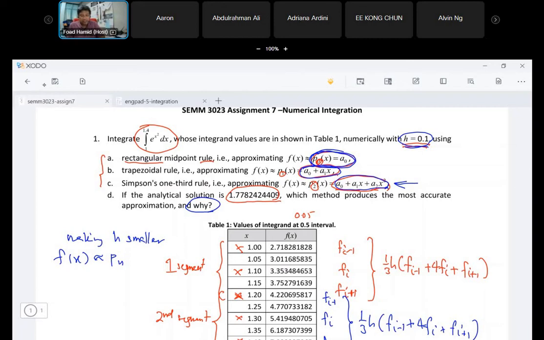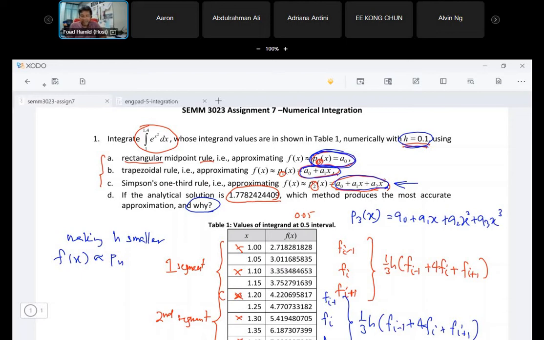Of course, in your textbook, there's one more, I think Simpson 1/8 rule, which is using cubic, using P3(x), which is a0 plus a1x plus a2x squared plus a3x cubed approximation.